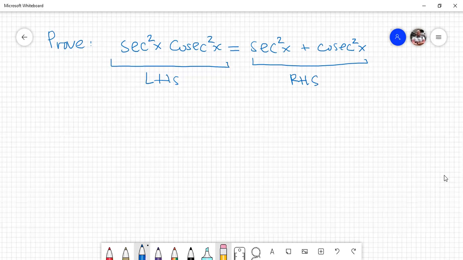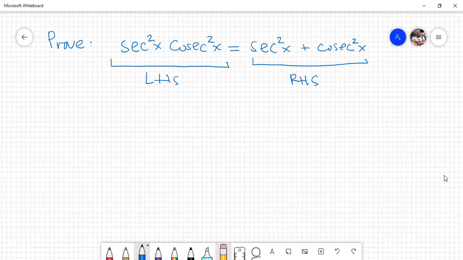What do you think? Allow me to give you time to think about which expression we need to simplify. Left-hand side or right-hand side?